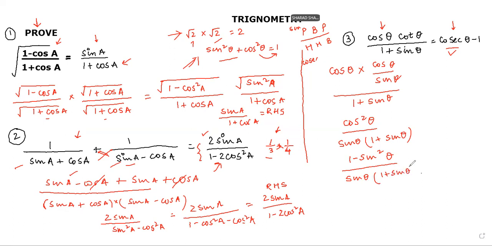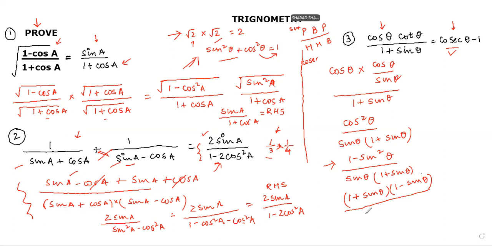All right. And the last step, if you know this, we have done many number of times here now. 1 minus sine square theta is nothing but a square minus b square. So the reverse of the identity, this can be written as 1 plus sine theta into 1 minus sine theta. Now this is a pure identity from class 9. A square minus b square can be written as a plus b into a minus b.